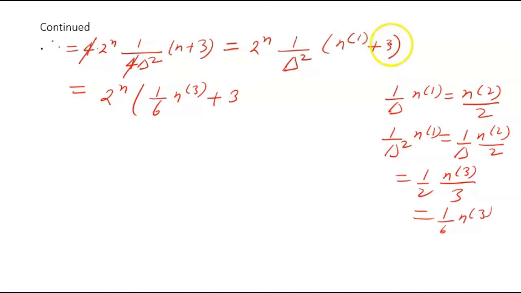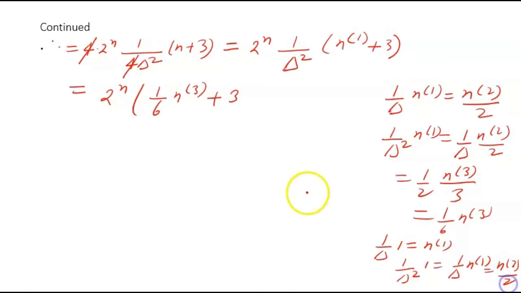Now if I operate 1 by delta on a constant, what will it give me? It will give me n to the power 1. And if I operate 1 by delta square on 1, it will be 1 by delta of n to the power 1, so that is n to the power 2 by 2. So here I get 3, sorry, let me correct it here.